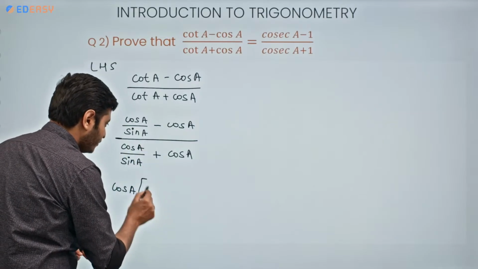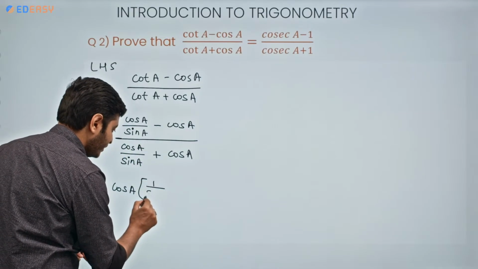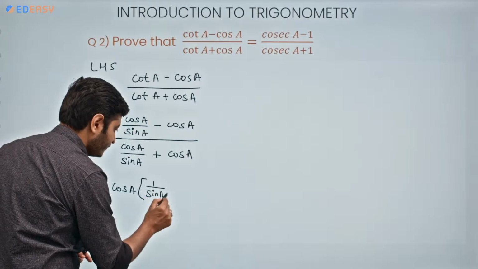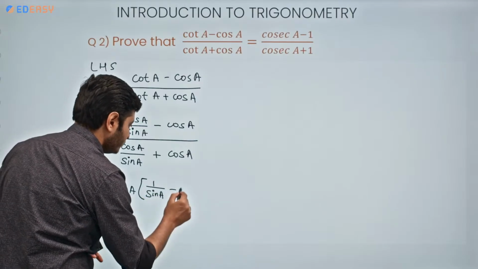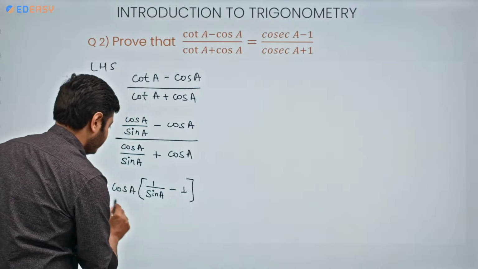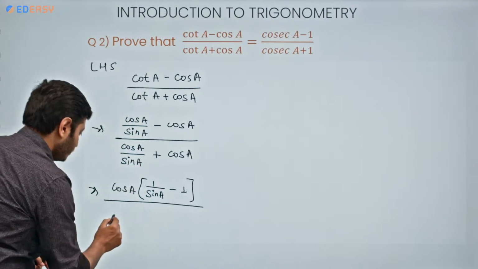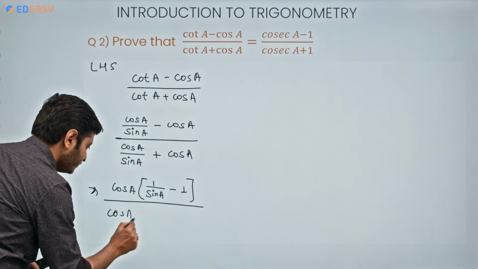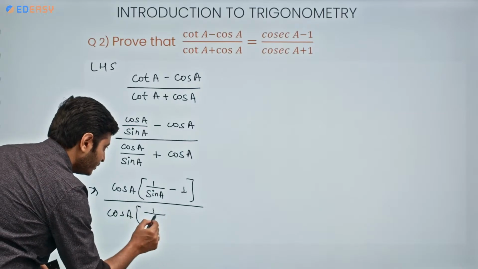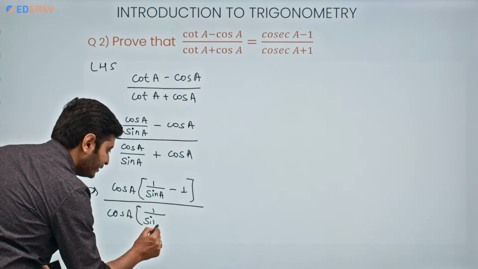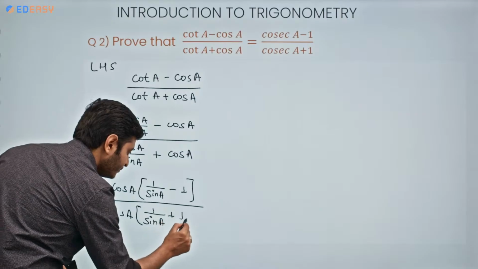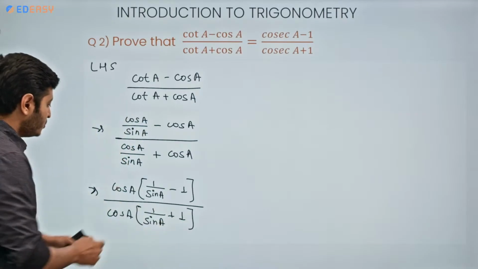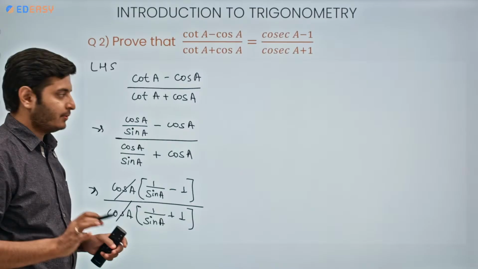Then inside the bracket, what are you having now? 1 by sine A minus 1, upon cos A from here also, then you must be having 1 by sine A plus 1. Cos A and cos A are going to cancel each other.